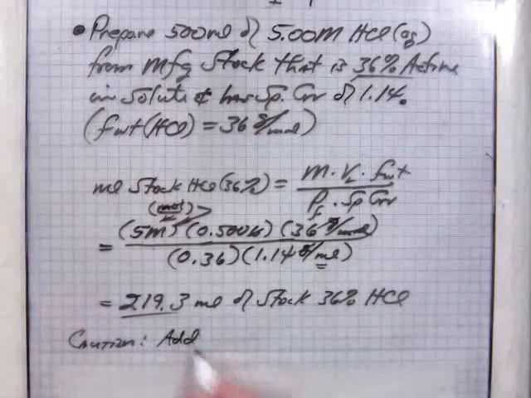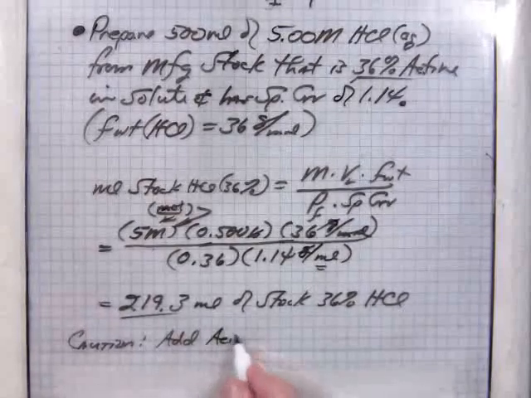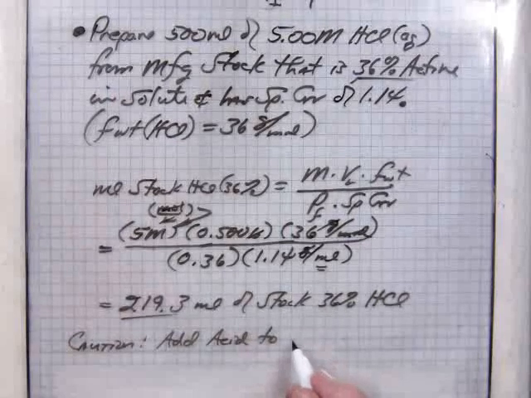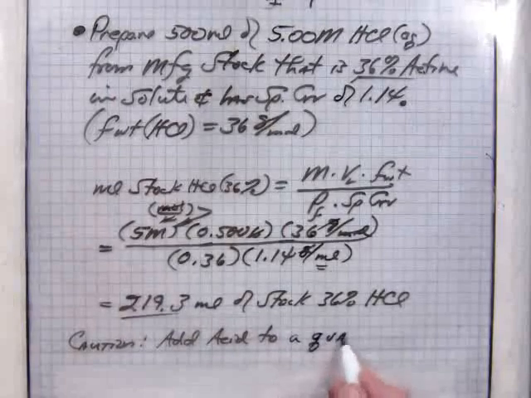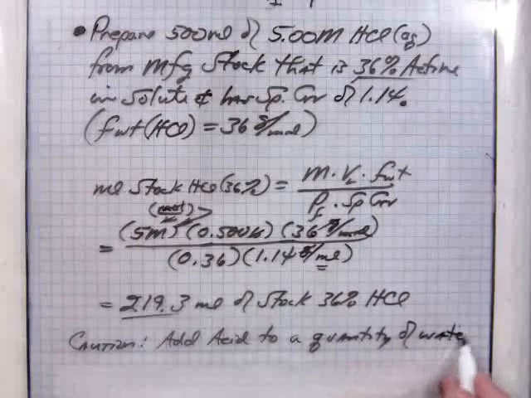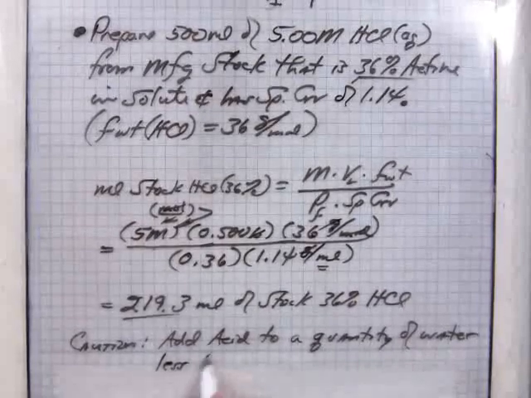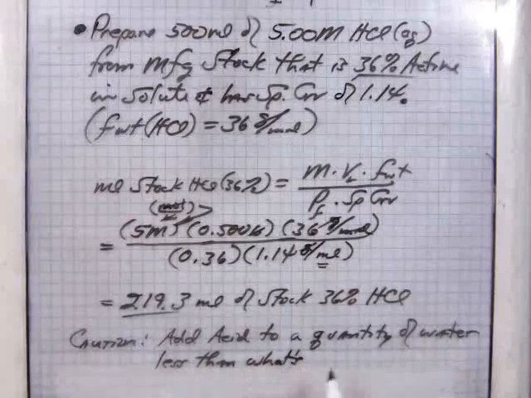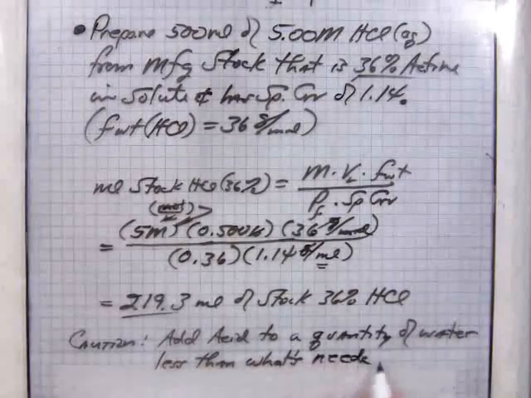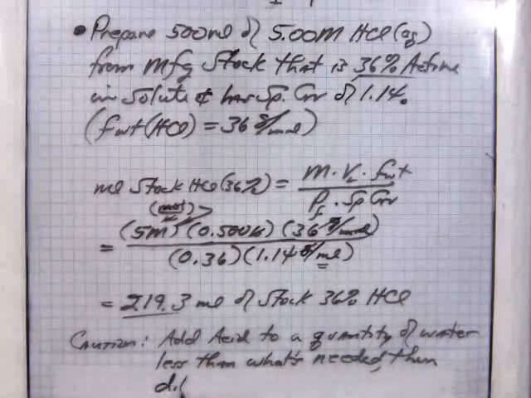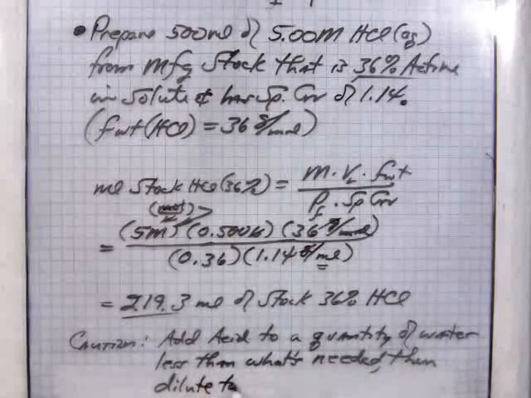add acid to a quantity of water less than total needed, then dilute to needed total volume.